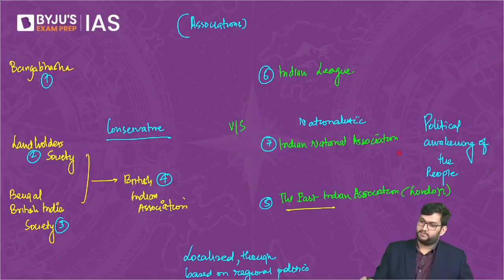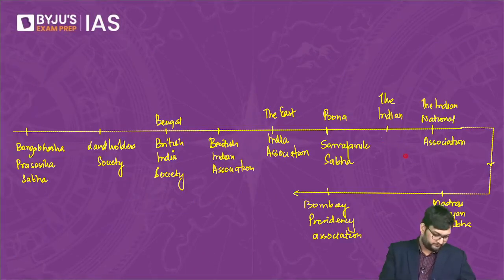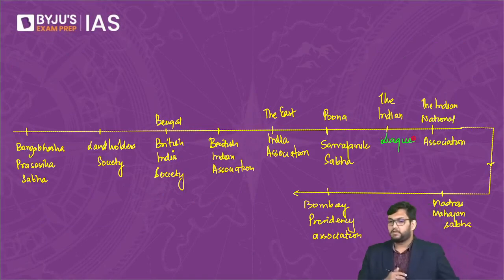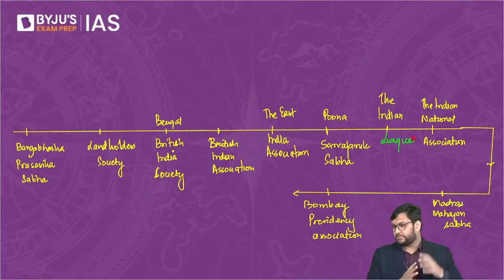One second. The name is League, right? Oh, yes. Now better? Indian League. So we go back to Bengal, the Indian League, the Indian National Association, then Madras Mahajan Sabha, Bombay Presidency Association.